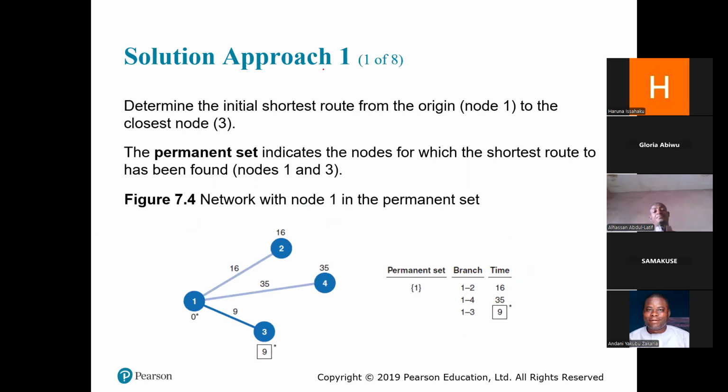Now, remember that our beginning point, or origin, is node 1. What we first need to determine from node 1 is which of the nodes is closest to node 1.